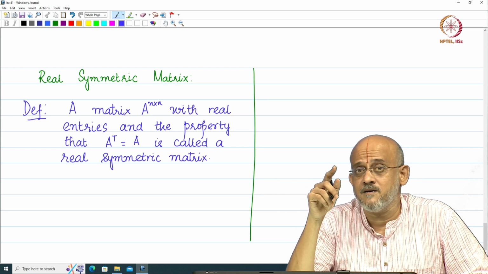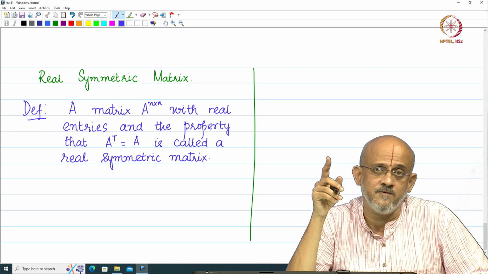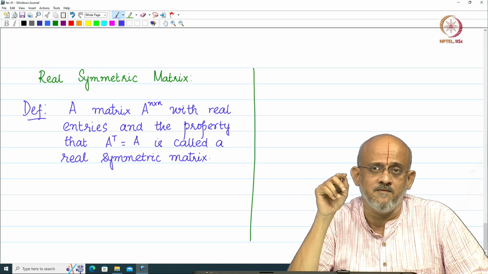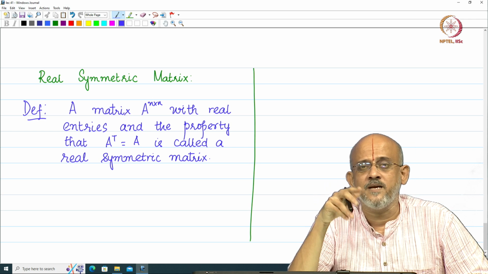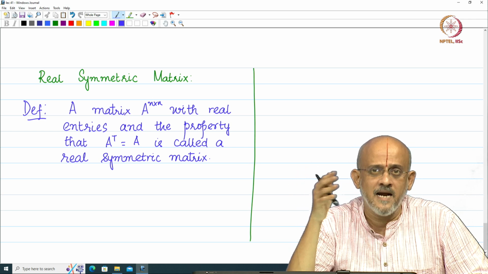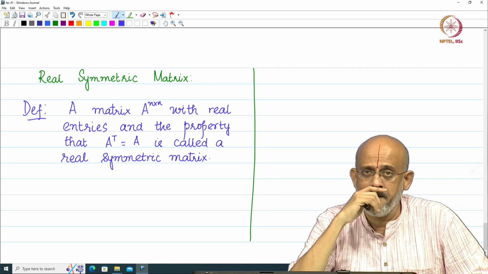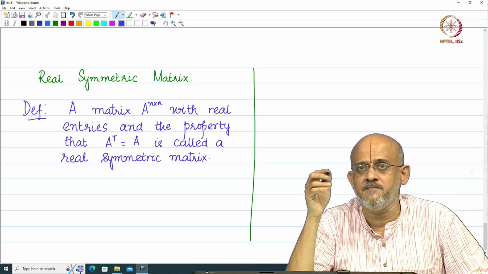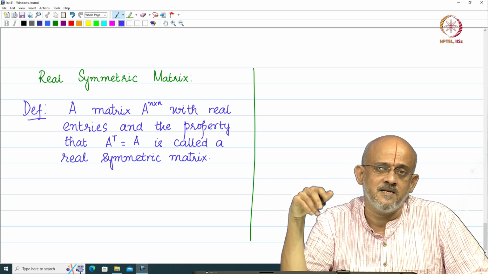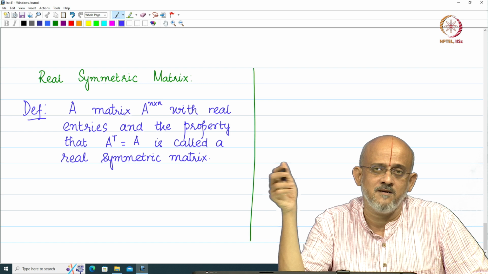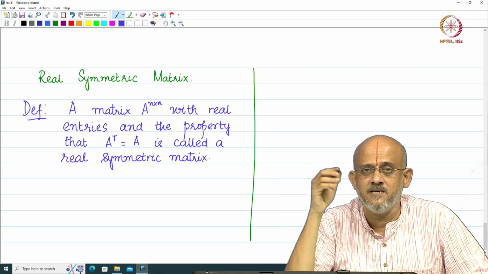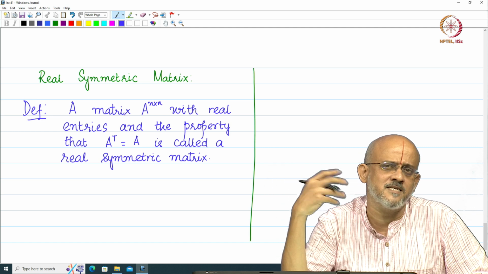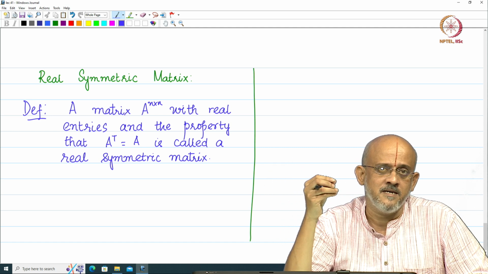In that vector space case we wanted to prove closure under addition. We said you take any two real symmetric matrices, add them, and the result must also be a real symmetric matrix. We took an example: you take A, B, C and another one D, E, F, then you add and get A plus D, B plus E, B plus E, C plus F. So you see that the sum is also going to be real symmetric, but let us prove it formally and then look at certain properties.